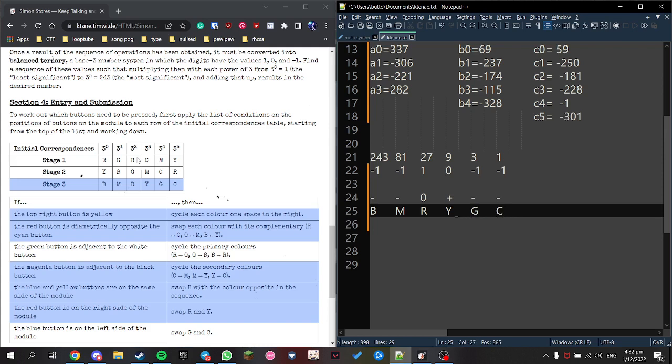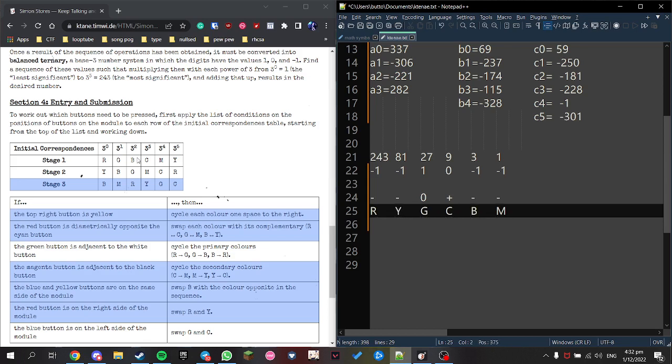So again, we're gonna have to cycle these to the right. So let's see. Okay, R and C swap. Then G and M swap, and then blue and yellow swap.